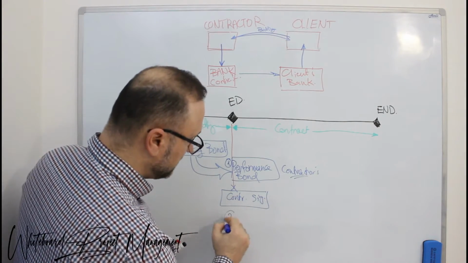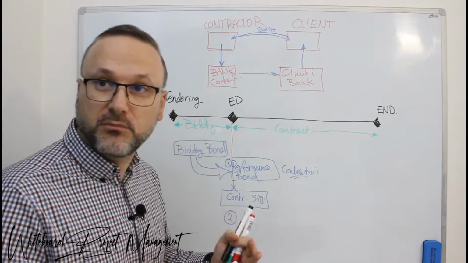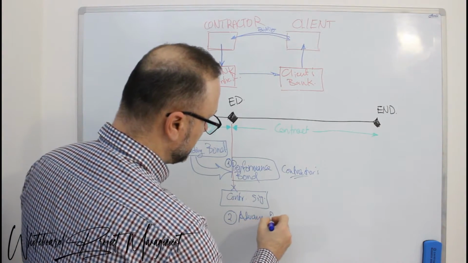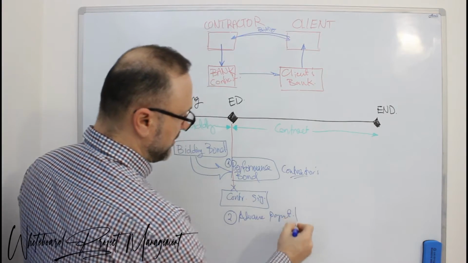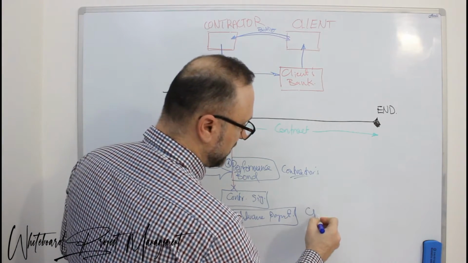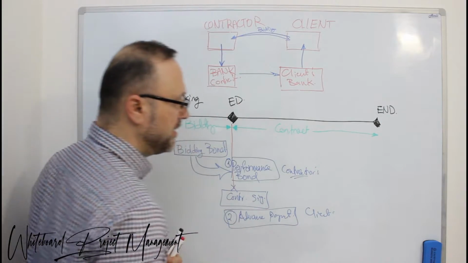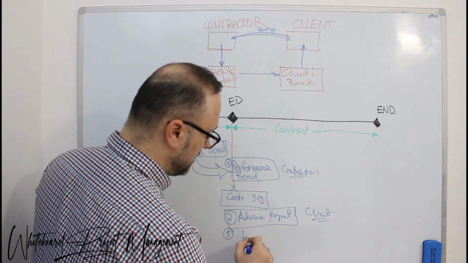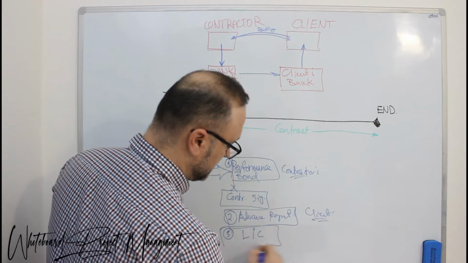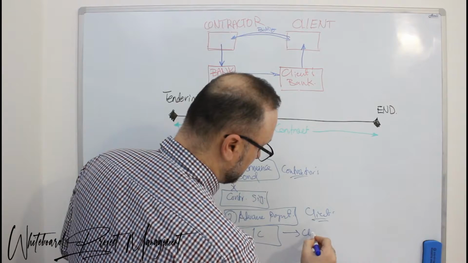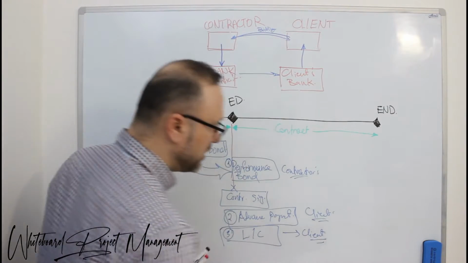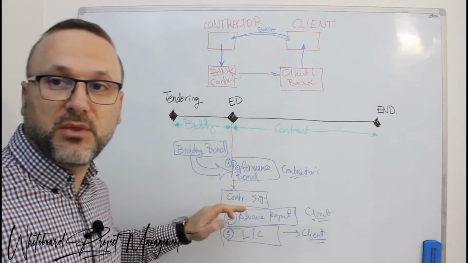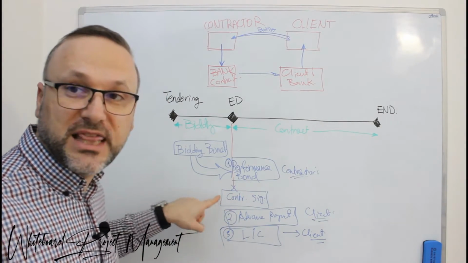The second could be mostly advance payment. That is mostly for the client side. And the third is the letter of credit. And this is mostly also for the client side. So when you sign a contract, that depends on the condition of the contract effective date in this specific contract.